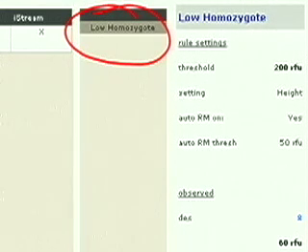With this expert system, we can set the threshold for a heterozygote and a homozygote, and the software will actually make a call appropriately for the fact that this is in fact a low homozygote result. So the threshold that was set for a low homozygote was 200 RFU, and you can see here that we actually had an RFU value of 60 RFU, so our rule has fired.